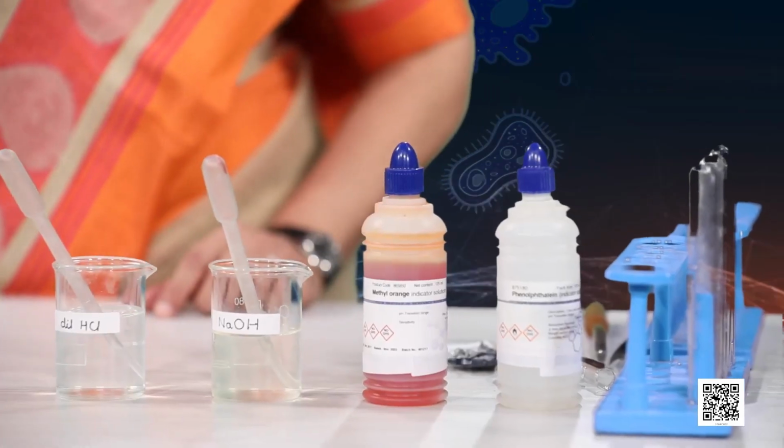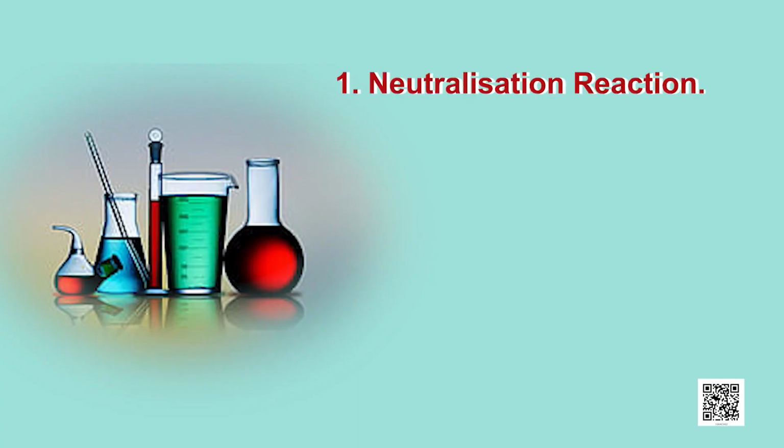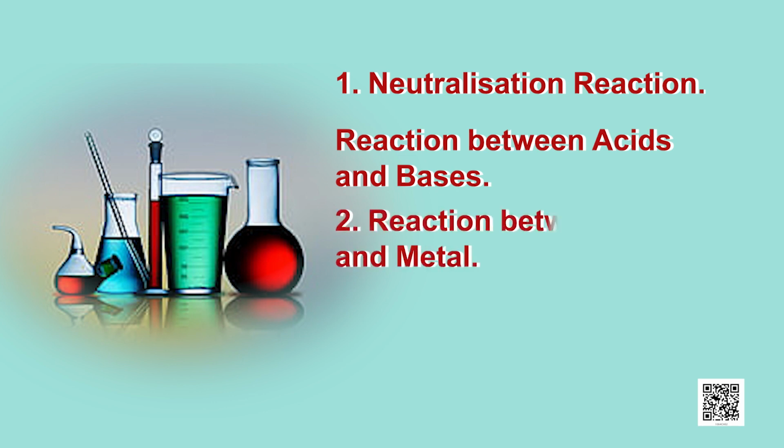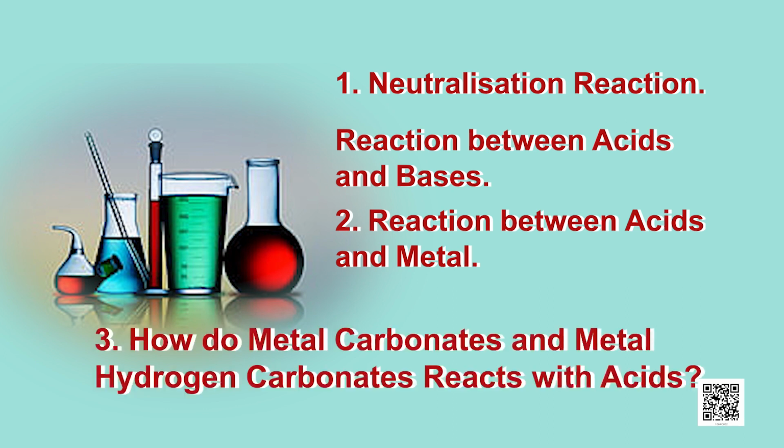So, my young scientists, we have now learned the neutralization reaction, that is the reaction between acids and bases to give salt and water, and the reaction between acids and metals. We also have learned how metal carbonates and metal hydrogen carbonates react with acid to produce carbon dioxide.